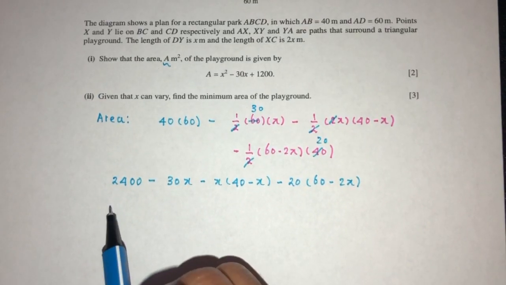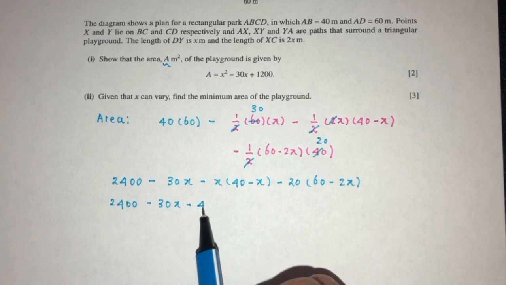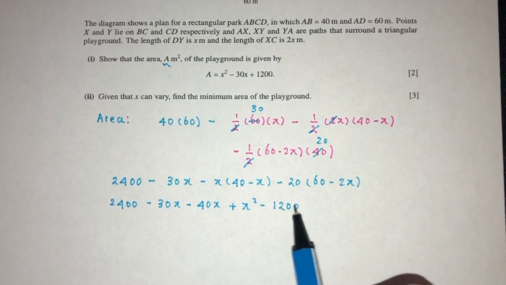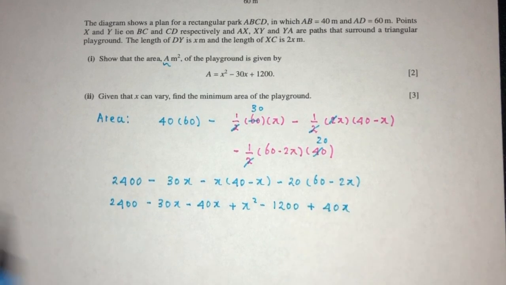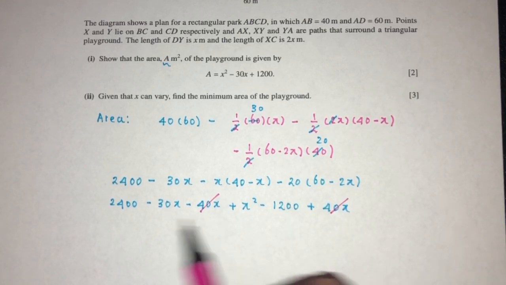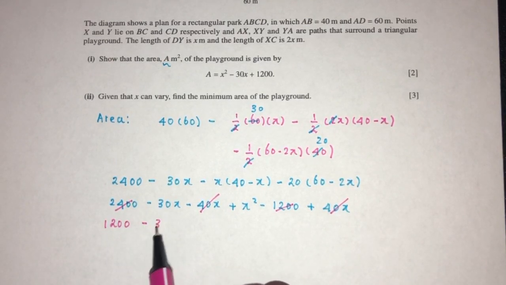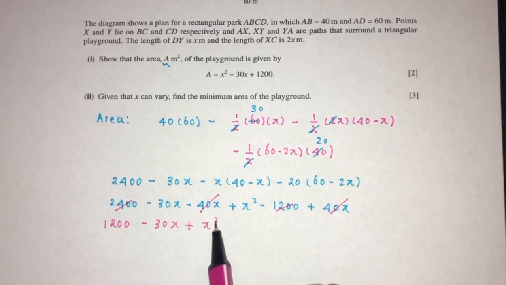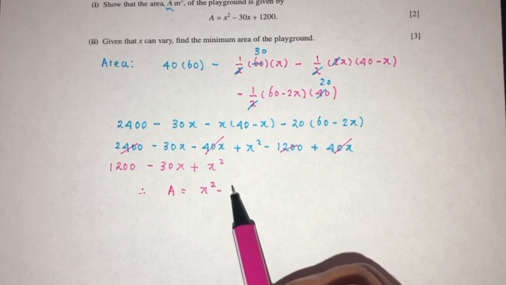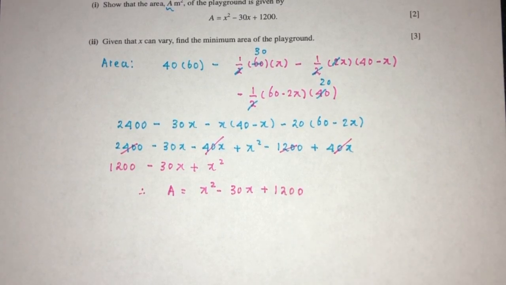So simplify, you will have 2400 minus 30x minus 40x plus x squared minus 1200 plus 40x. So simplify, this and this will cancel out, and this minus this will give you 1200 minus 30x plus x squared. So finally, what do we have? Area A is given by x squared minus 30x plus 1200. Okay, that will be part 1 of your question.